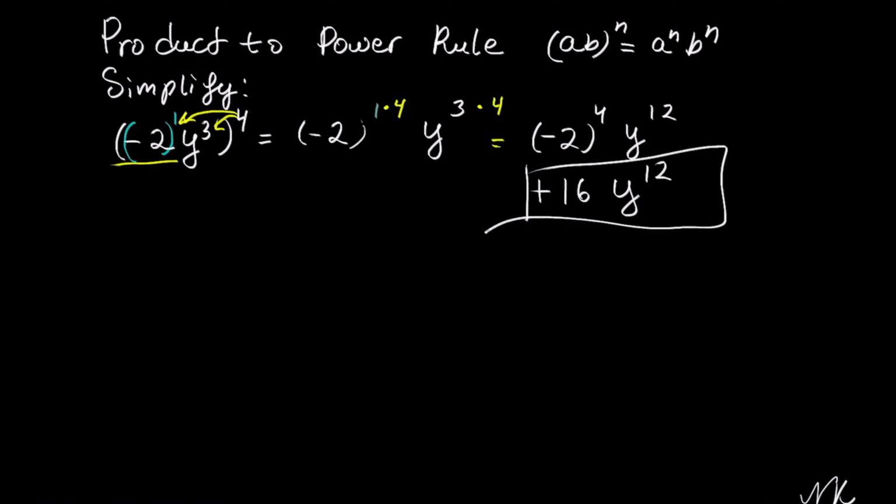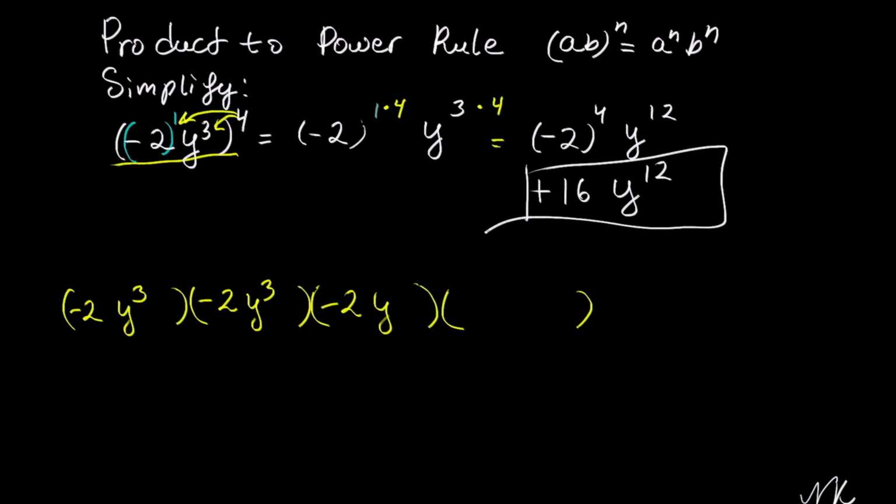If you are not sure, we can always rewrite this parenthesis 4 times because it's raised to the fourth power. And we have negative 2y to the 3, negative 2y to the 3, negative 2y to the 3, negative 2y to the 3.